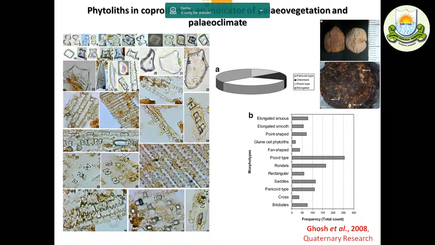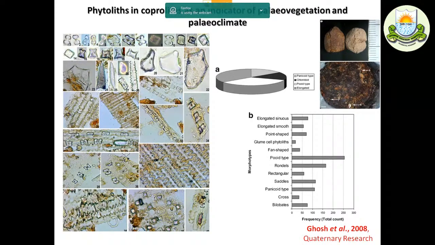So they captured the climatic phase of that particular time, and we recovered diverse phytoliths, dispersed as well as articulated. We recovered short saddles in abundance as well as rondel types in abundance. Rondels are indicators of poetic grasses.